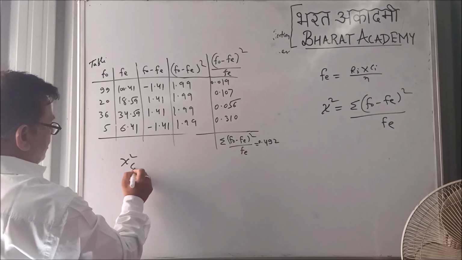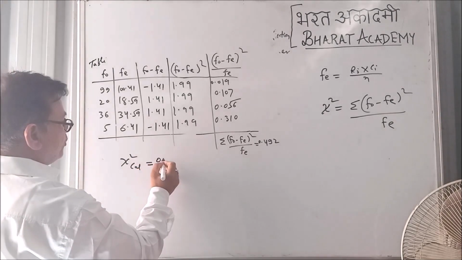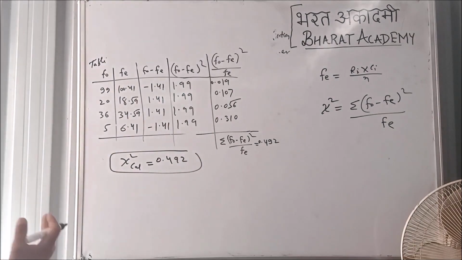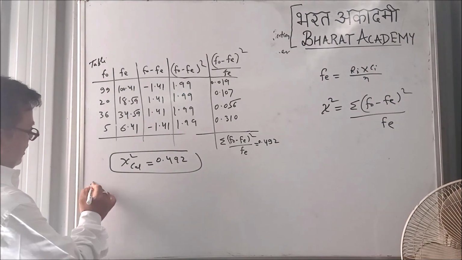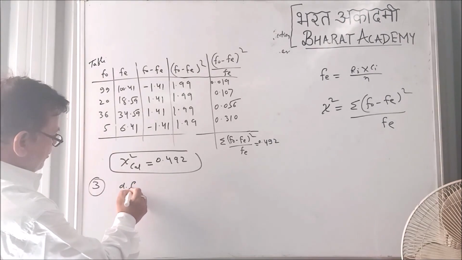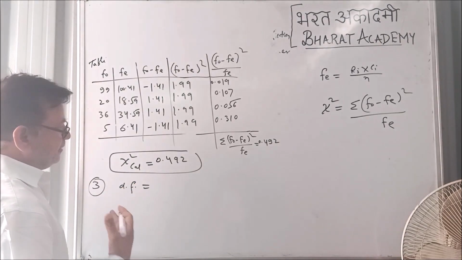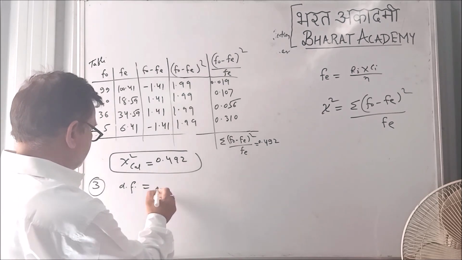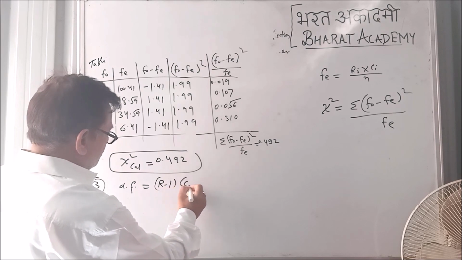The chi-square calculated value is 0.492. This was your second step in hypothesis testing in this question, and the third step is degree of freedom. In the case of independence of attributes, degree of freedom, as I have already discussed, is (R minus 1) into (C minus 1).